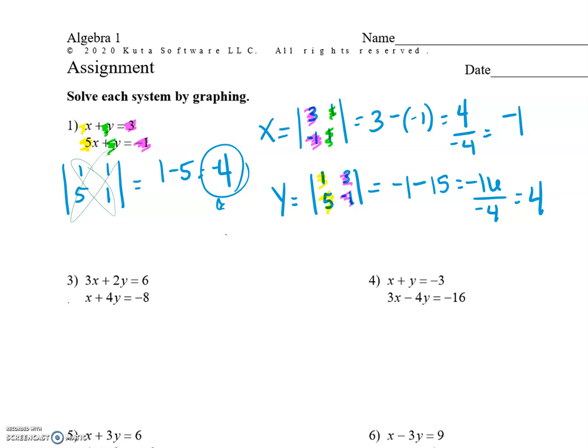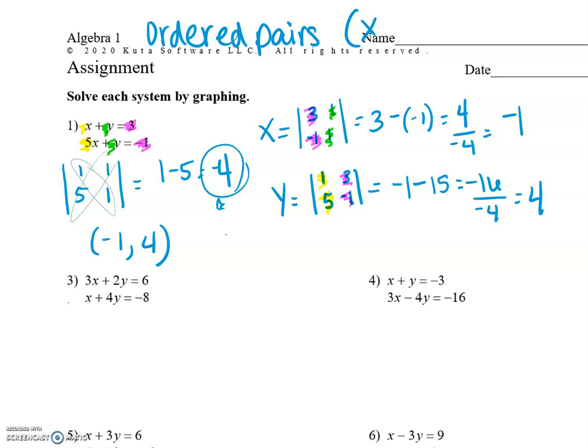So since we're solving a system of equations, we don't want to write our answer like this. We want to write our answer as an ordered pair. So our answer would be -1, 4. So remember, in ordered pairs, it's always x and then y.